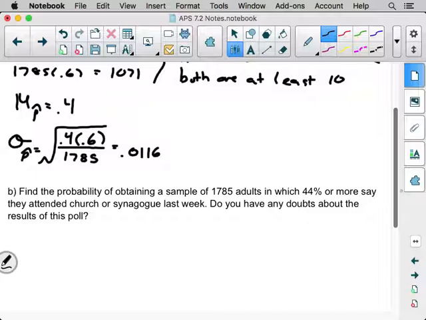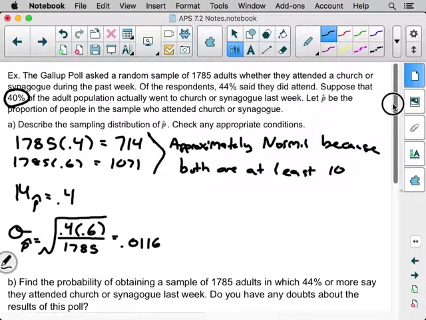What are we technically checking along the way? Less than 10%. So let's take a look. We need to actually explain that in context. You cannot just say less than 10%. That doesn't cut it. We have to actually talk about the context of this. They sampled just adults, right? They had a random sample of adults. Is it reasonable to think our sample is less than 10% of all adults out there?